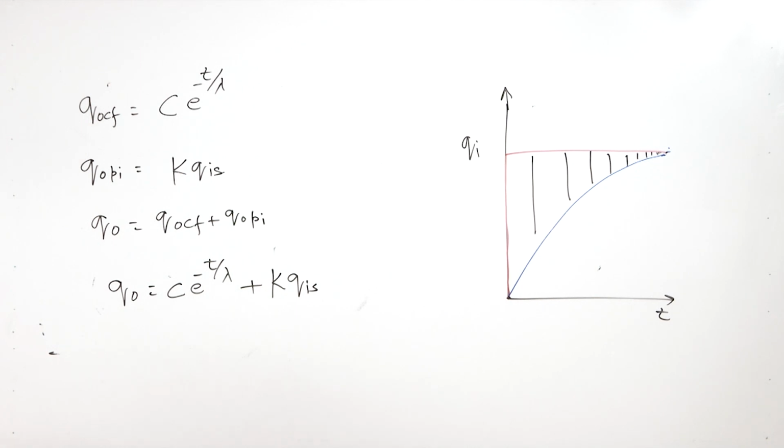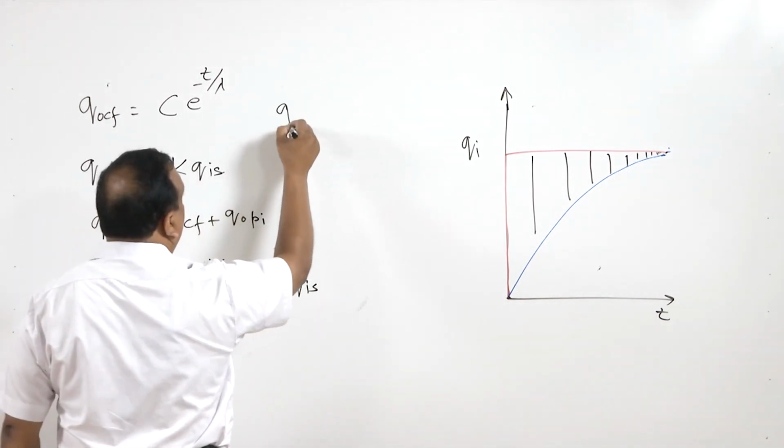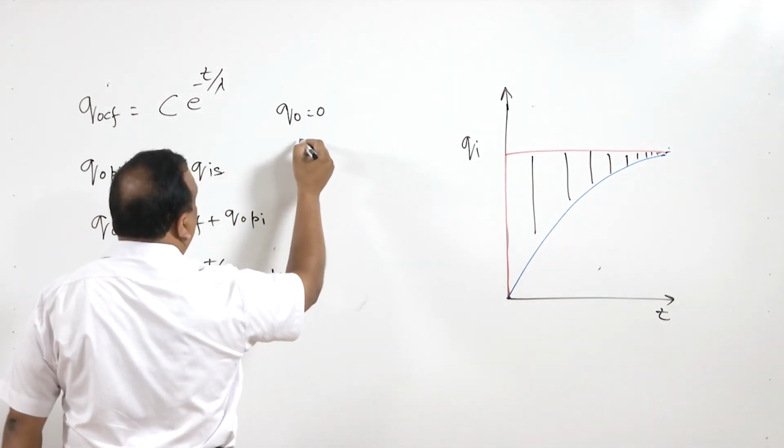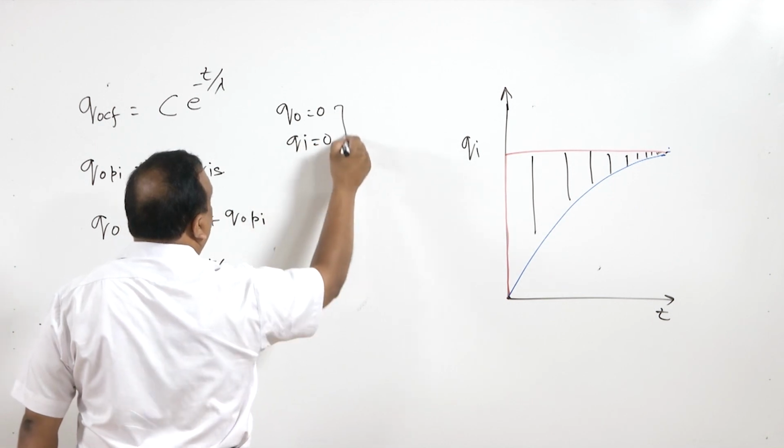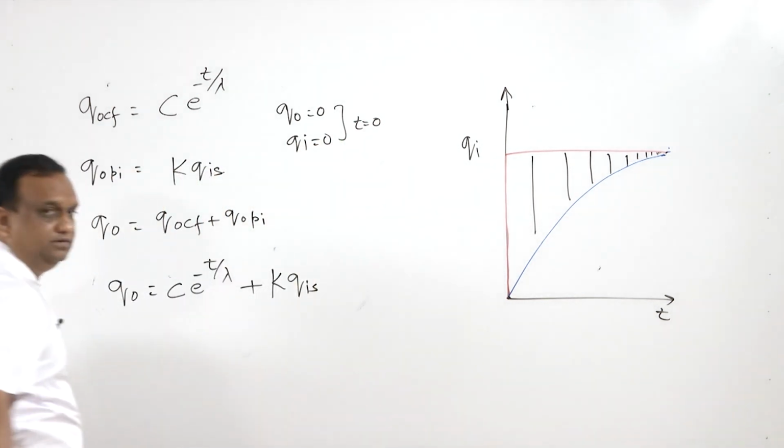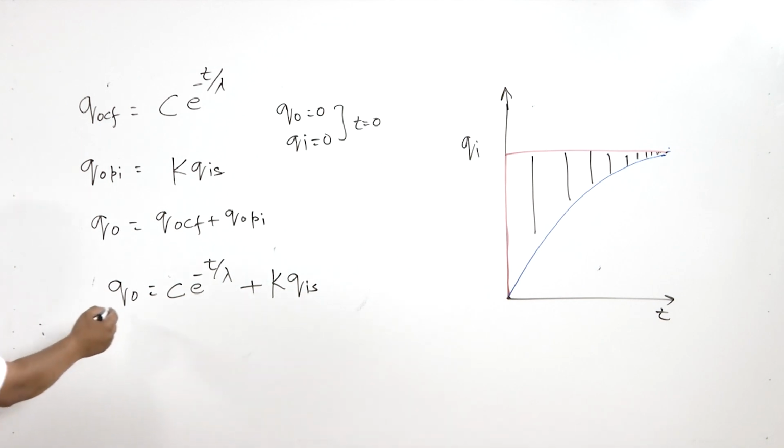Fine. Now, here we will put the initial condition. The initial condition is Q_O is equal to 0 when Q_I is equal to 0 at t is equal to 0. So this is 0, right?